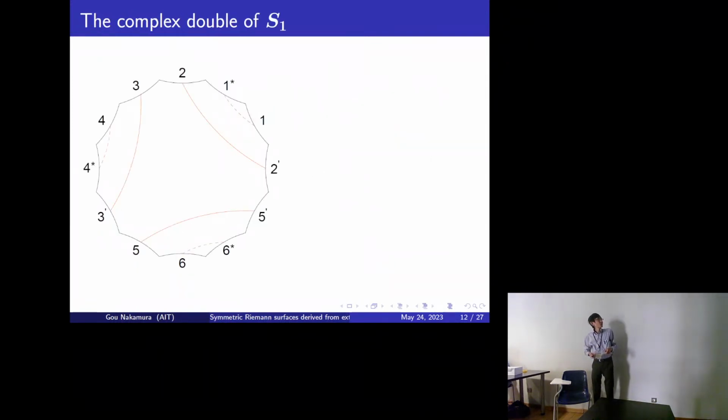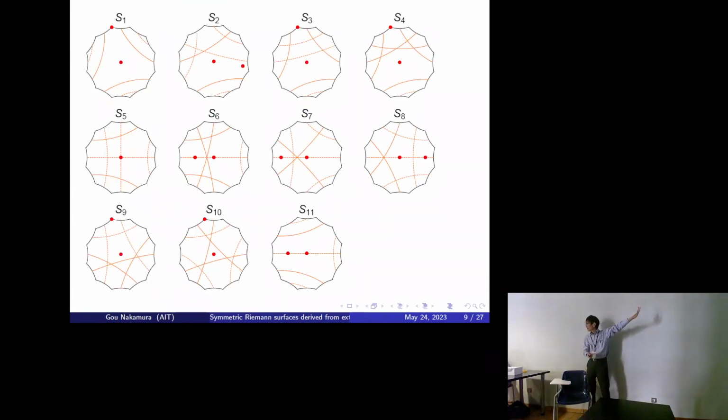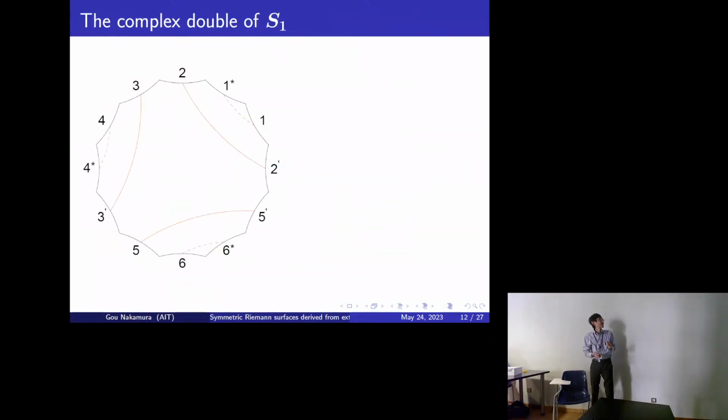From here, we will try to create the complex double of the first Klein surface S1. I label the sides of the polygon from 1 to 6.